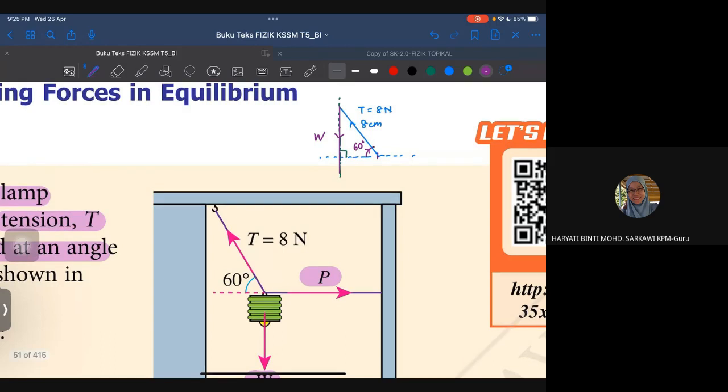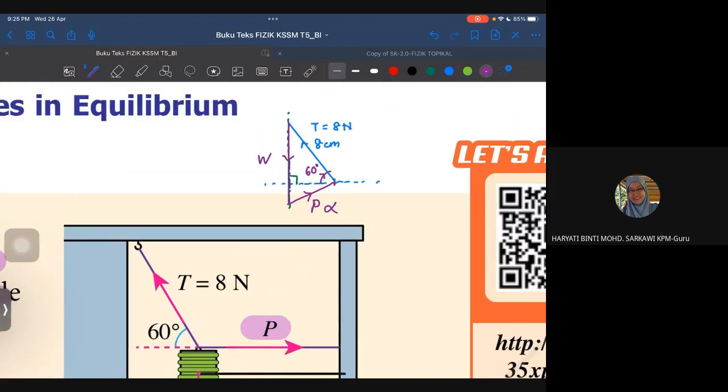So it means that P needs to be drawn behind W. So you cannot draw like this. If you draw like this as P, this is wrong. Why is P here not correct? Because of direction, right? P should be horizontal. So it means that your P should be here, 90 degree.